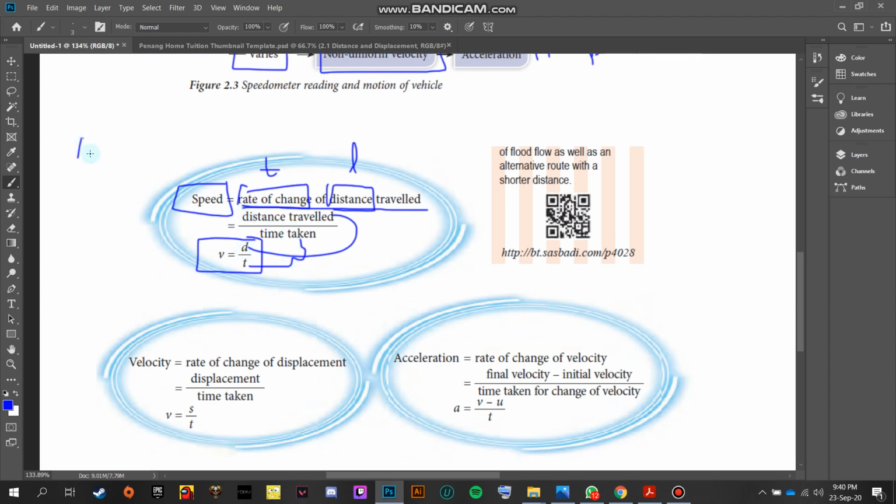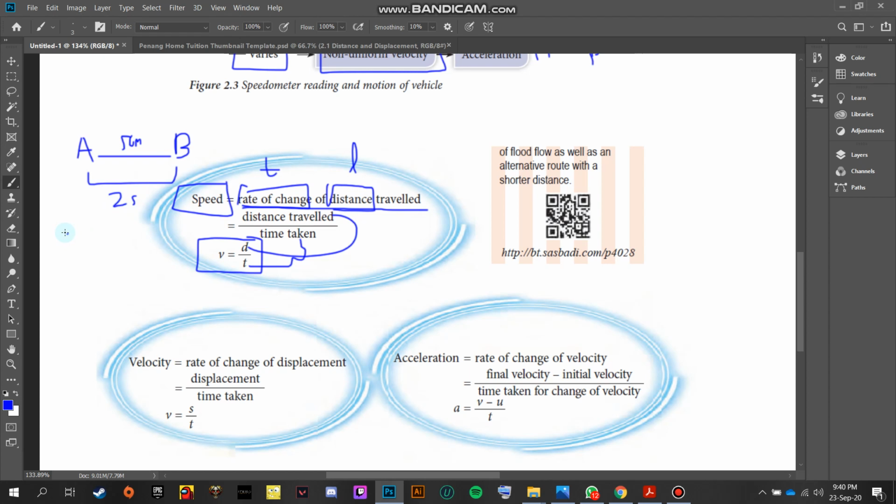For example, we have A, B. Let's assume 50 meter, and the time taken to get from point A to point B is 2 seconds.